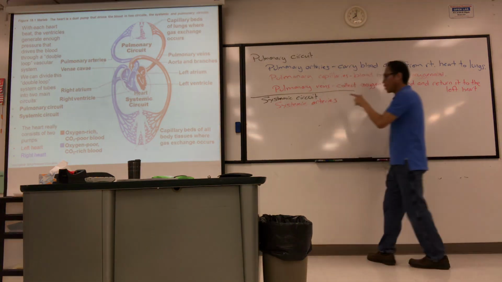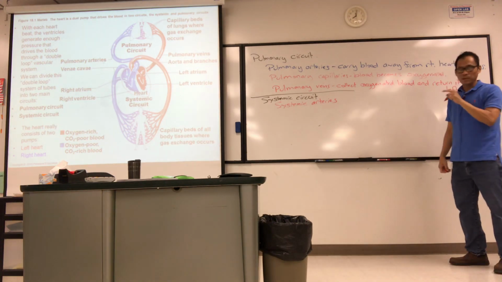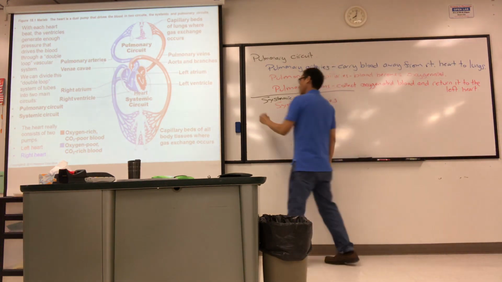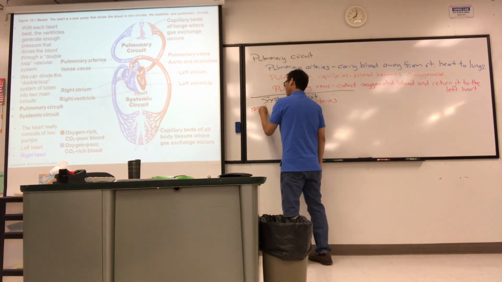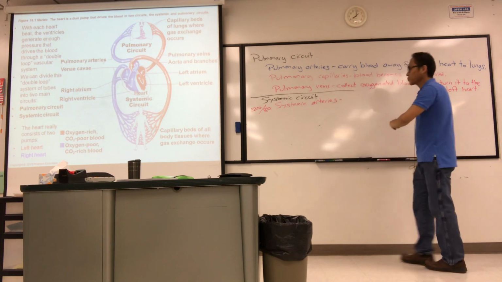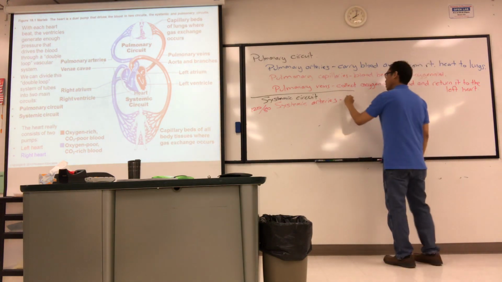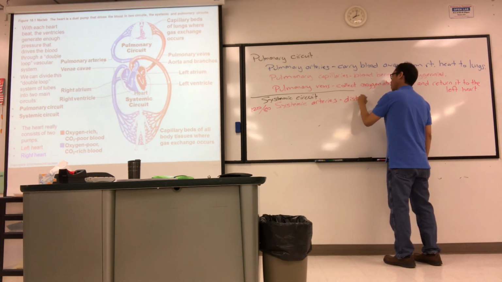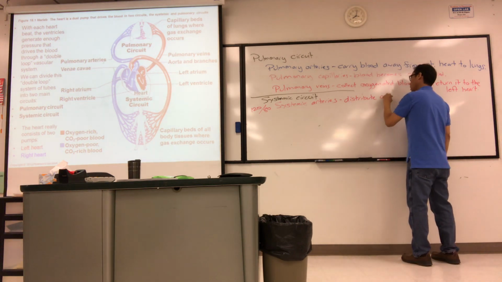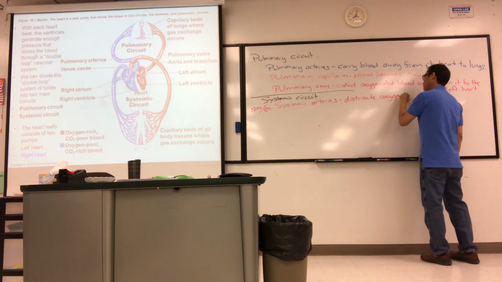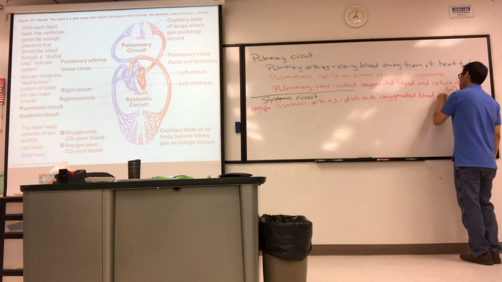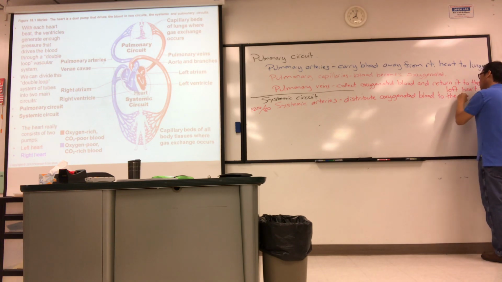And these are the ones where you're monitoring the blood pressure, the 120/80. Systemic arteries that are generating that pressure and distribute oxygenated blood to the whole body.